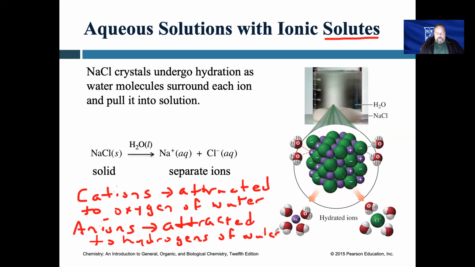Because the hydrogens in water have what type of charge? The hydrogens in water have a partial positive charge. So here you can see that the chloride ions would be surrounded by the hydrogens of water.